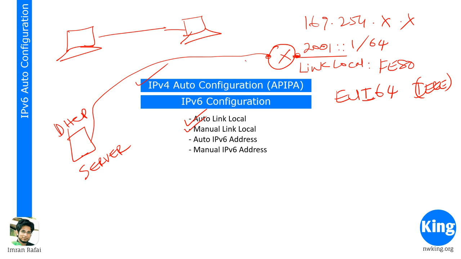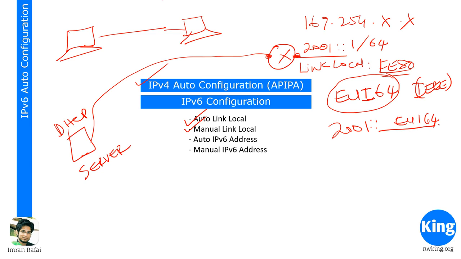Another way: let's say you don't have a DHCP server, but you don't want to type an address, you just want it to automatically generate. We can make use of EUI64. That means anything that is not FE80 can be an IP address. So I can say I want 2001: and I want the EUI64 format.